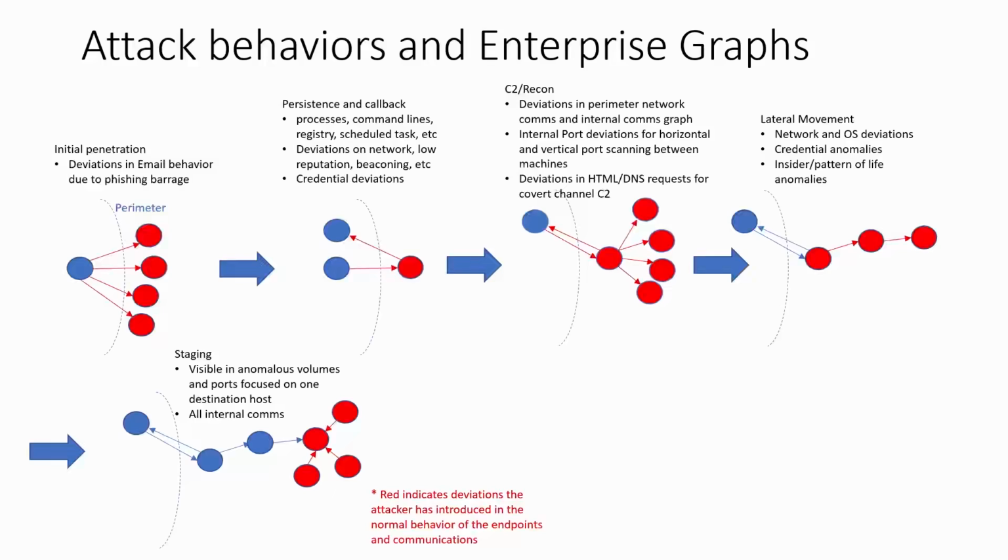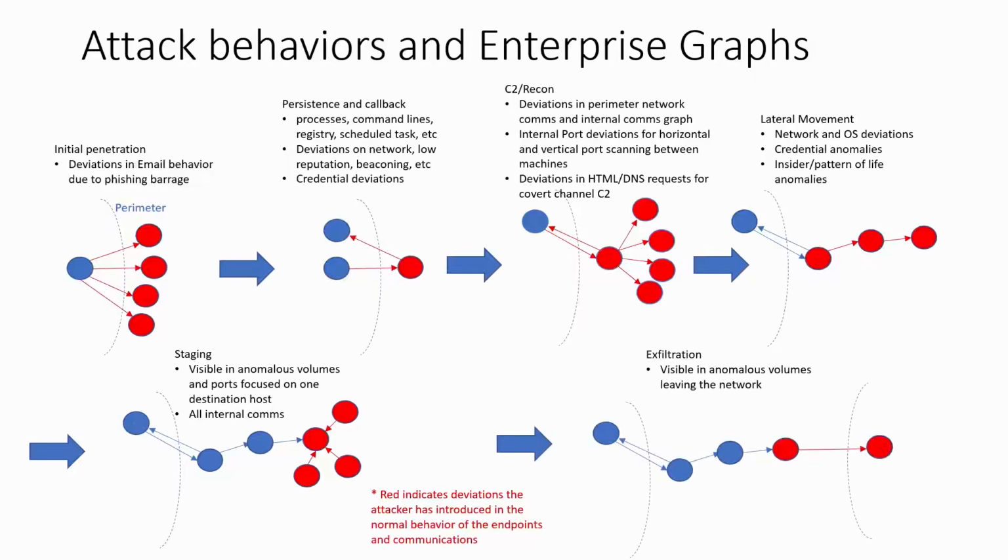They'll move stuff from a variety of sources in the network into a central place, and then they'll tar it or rar it or zip it, and then they'll steal it out of the network: exfiltration. And again, volumes of data flowing to a central machine that are unusual with respect to models that we expect are going to be able to flag this.